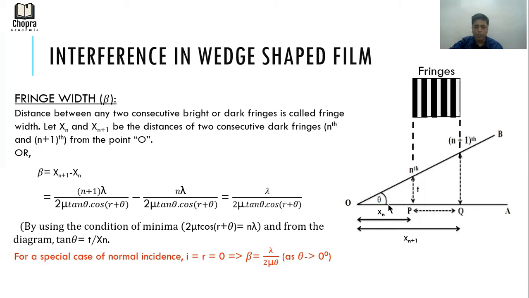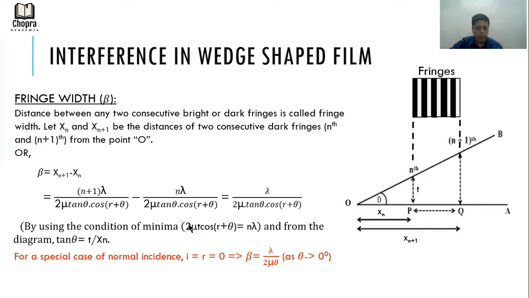We know from the geometry this is the wedge angle. So tan theta is equal to T by xn, or if I have to find T corresponding to the nth fringe or n plus 1 fringe, it is xn times tan theta.